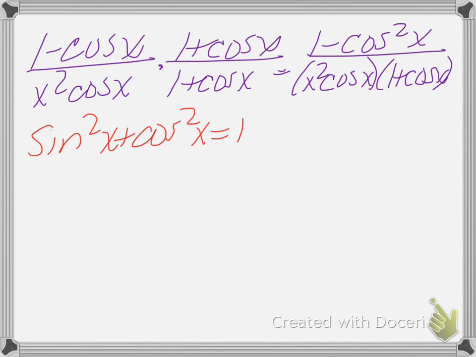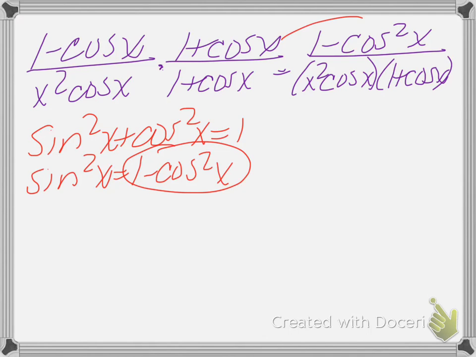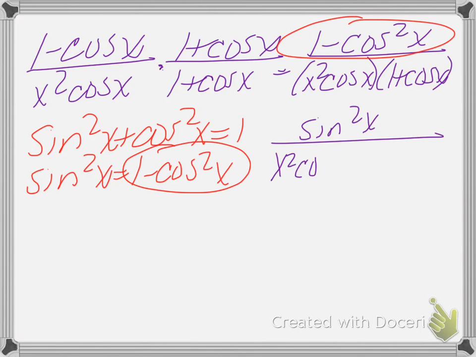And if I bring that cosine squared x over to the other side, I get this. So that means this 1 minus cosine squared x, I can trade it for a sine squared x. Okay, so my numerator is now sine squared x. Denominator stays the same.